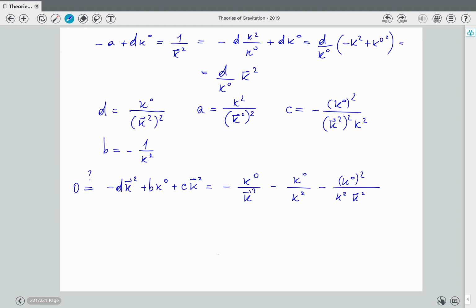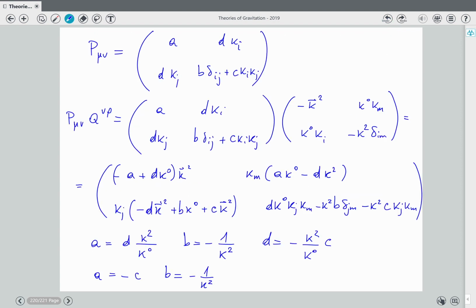C is correct. Yes, so there is a k0 missing in this multiplication. This times that, this times that, this times that has a k0.